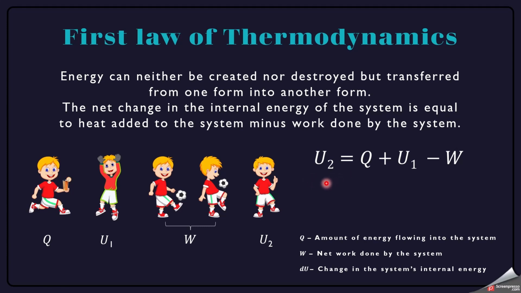It can be mathematically written as U2 equals Q plus U1 minus W. Then U2 minus U1, that is dU, the change in internal energy, equals Q minus W. Therefore, the change in internal energy is equal to the amount of energy taken minus the amount of work done by the system.